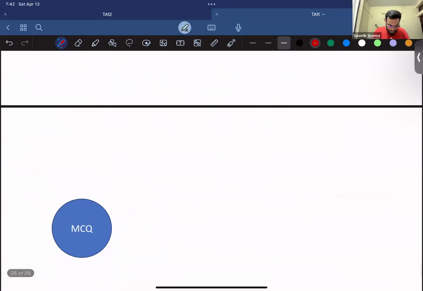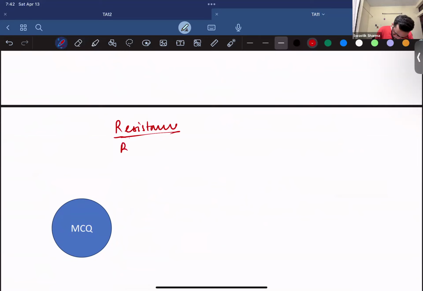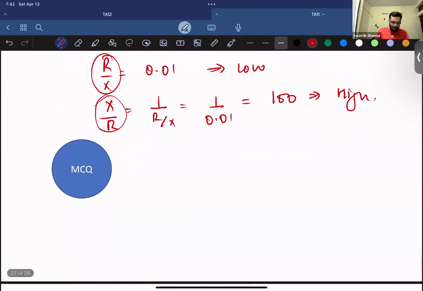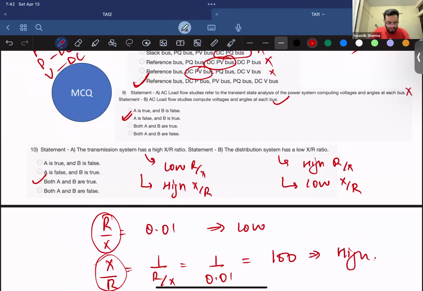So when I talk about R by X ratio, it means resistance upon reactance, right? I can also talk about reactance upon resistance. But why does the transmission system have a higher or lower ratio, and why does the distribution system have a low or high one? Yes, yes.